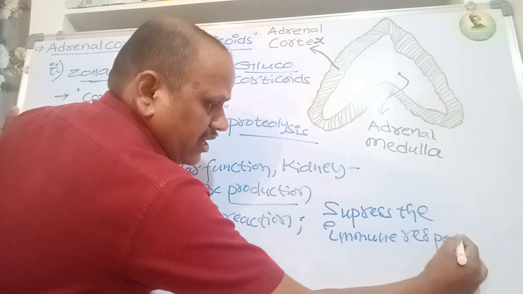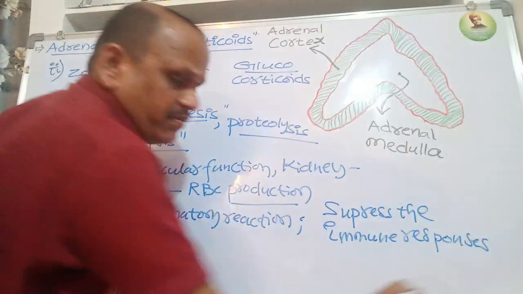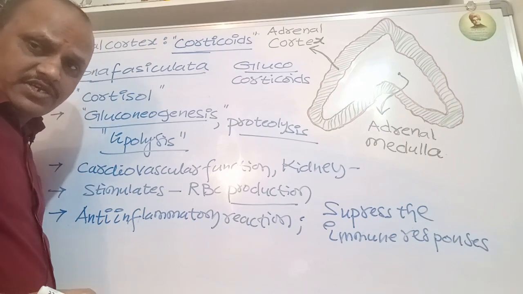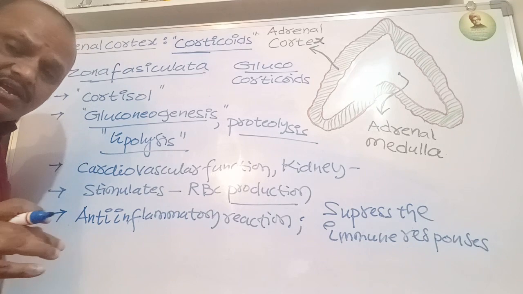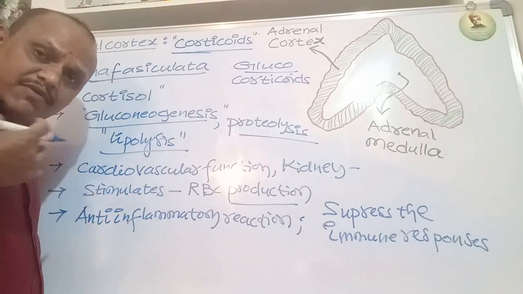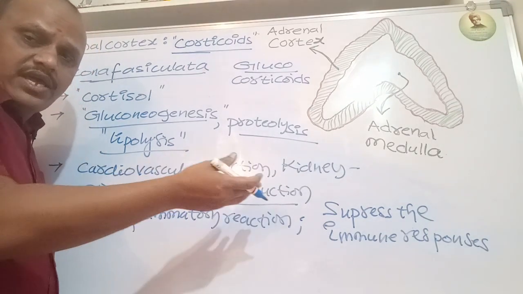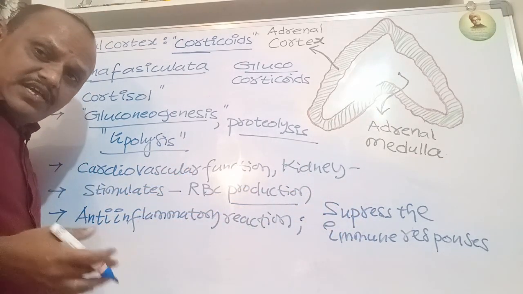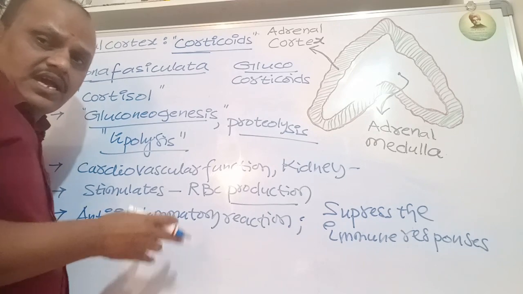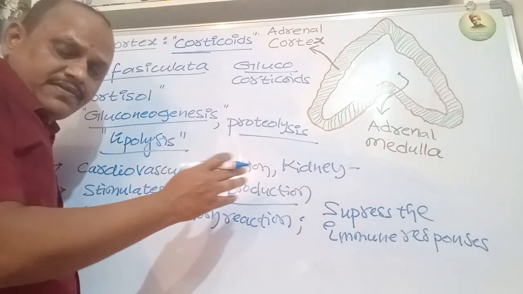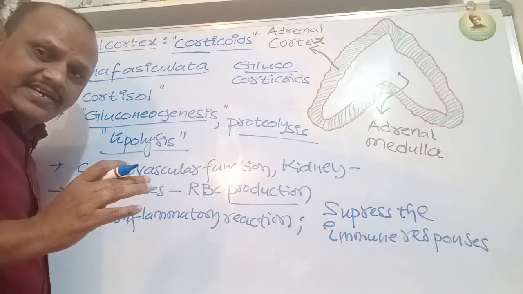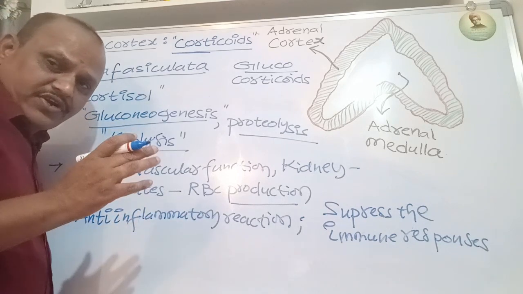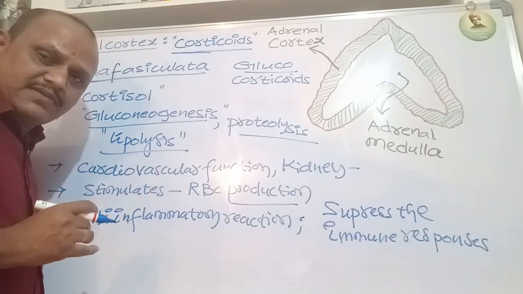In the case of tissue and organ transplantation, our body generates some anti-immune responses, and these immune responses are suppressed by cortisol. In this way it helps in protecting our body and the defense mechanism of our body.